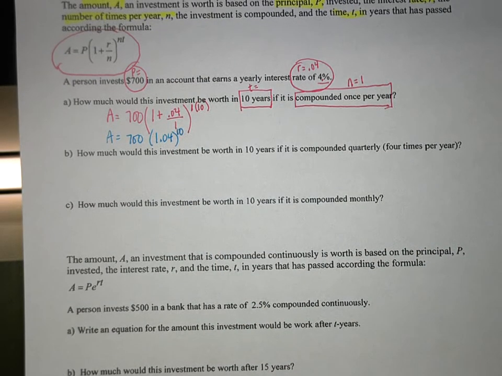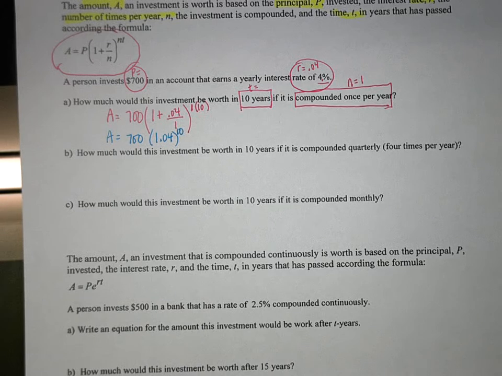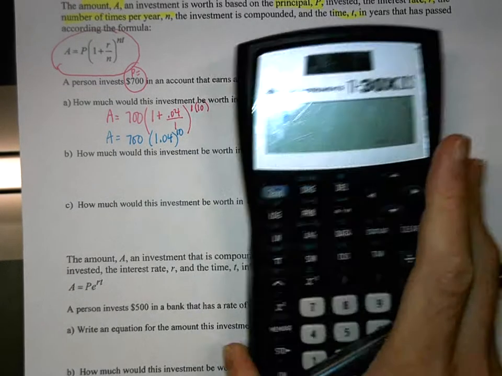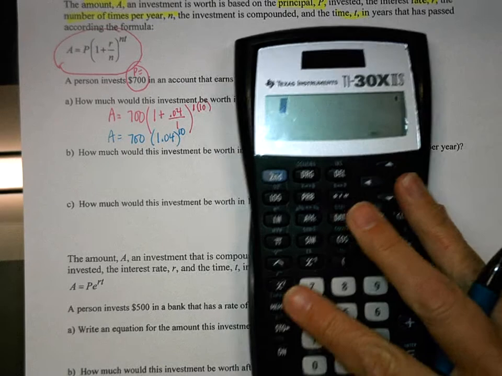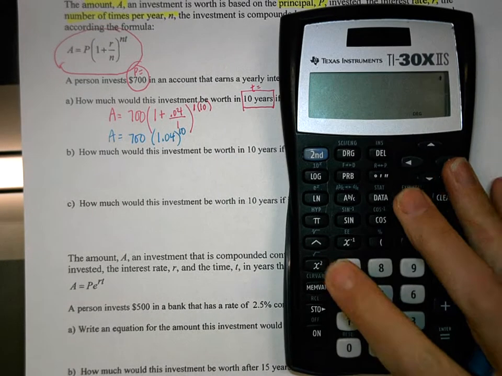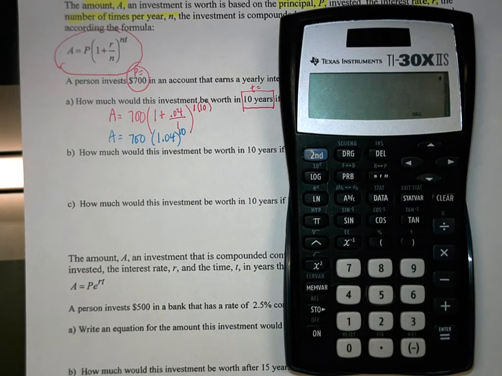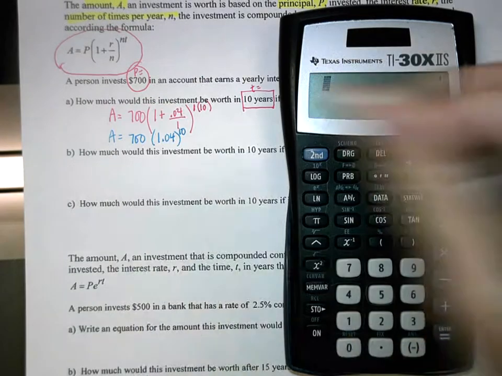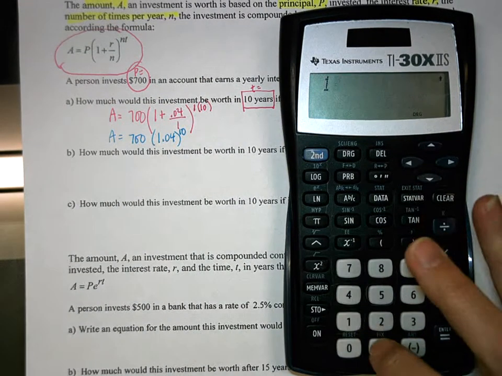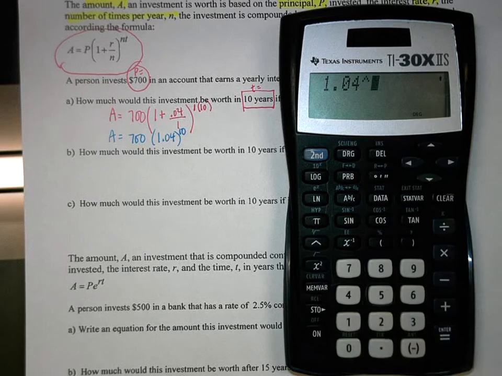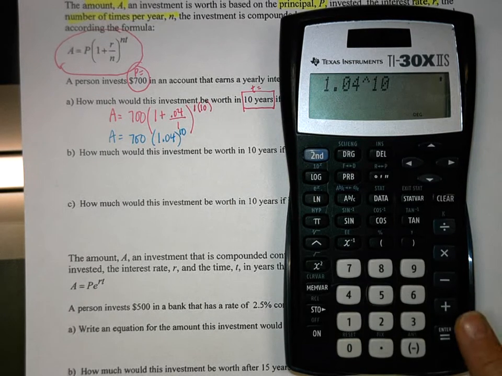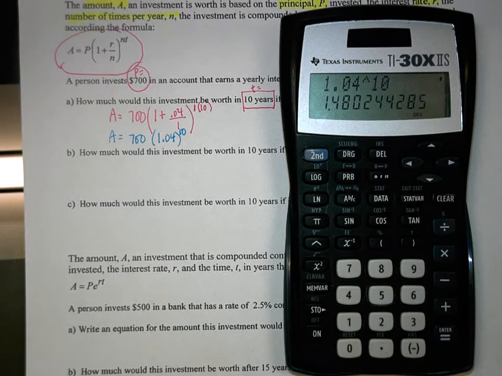If you don't have one, you can go and get one. On our calculator, what do I need to do first in terms of order of operations? Very good, you have to do your exponent. So we are taking 1.04 and raising that to the 10th power, and we get that answer.